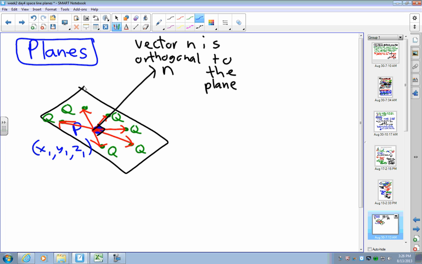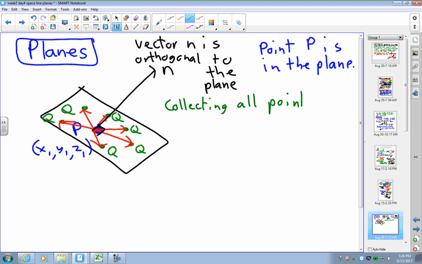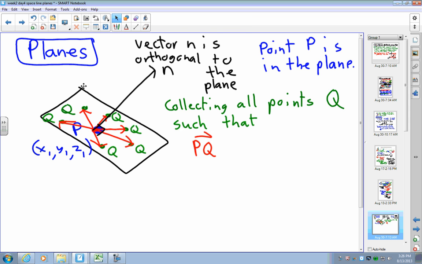Okay, so that's a fact. And we are saying point P is in the plane, and I am so focused on collecting all points Q such that the red vector PQ dotted with the normal vector n equals 0.